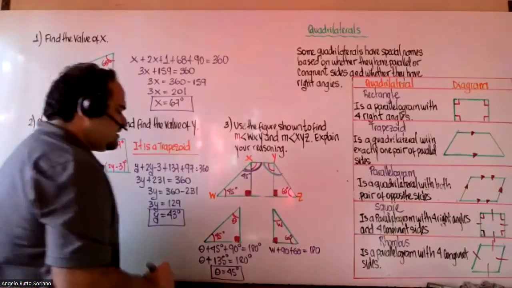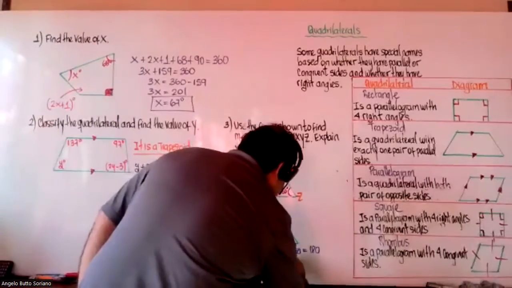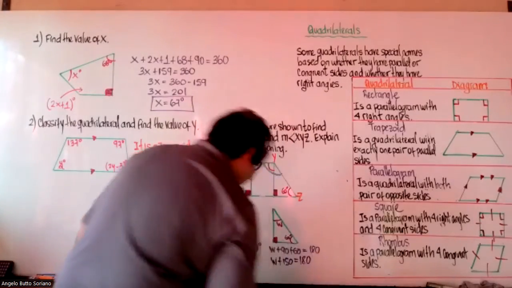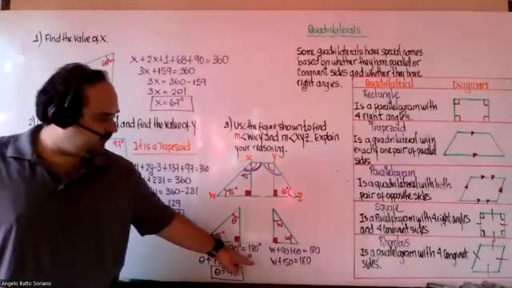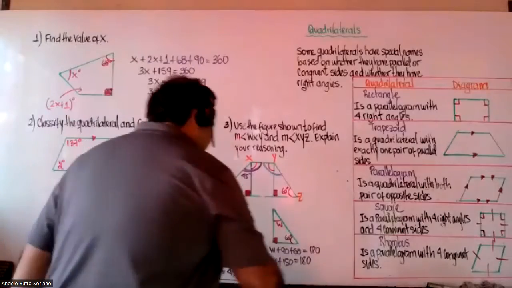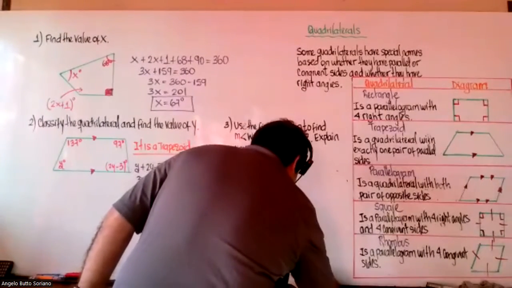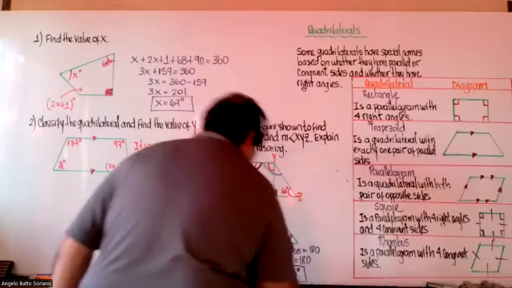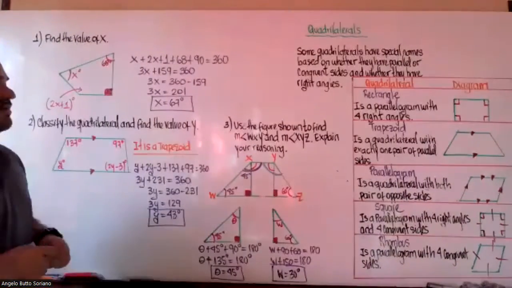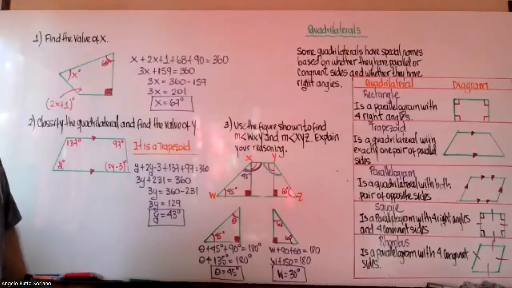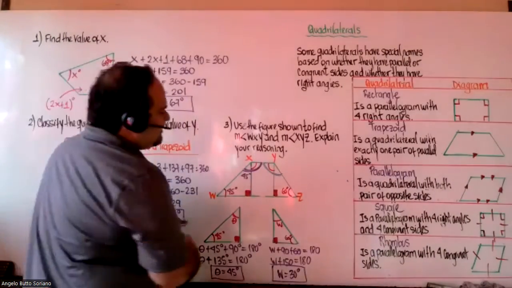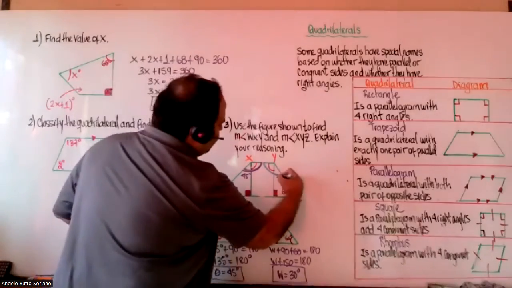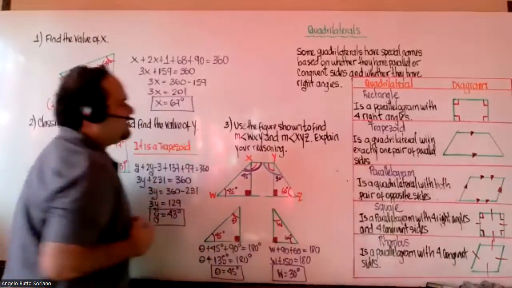Okay. And W plus 150 will be equal to 180. And if we solve for W, it will be equal to 30 degrees, because if you subtract 180 minus 150, that will be 30 degrees. What is the meaning of this situation? We have 45 over here, and we have 30 degrees over here.